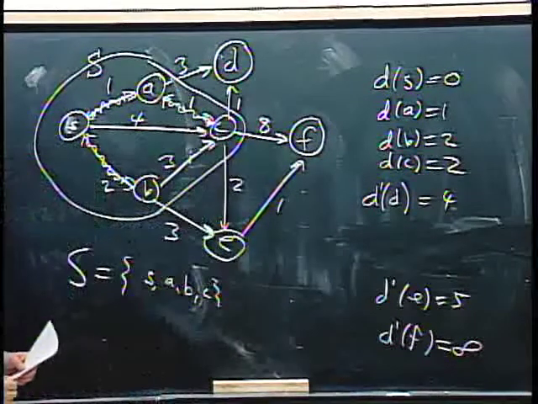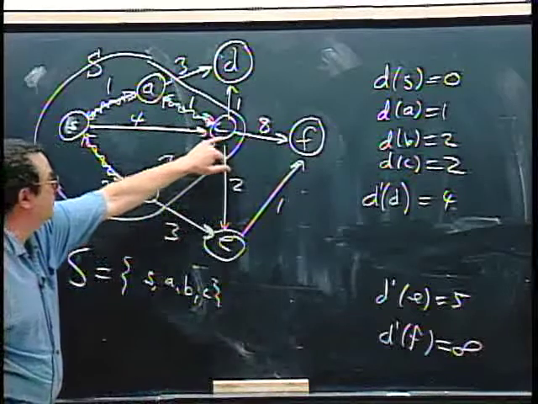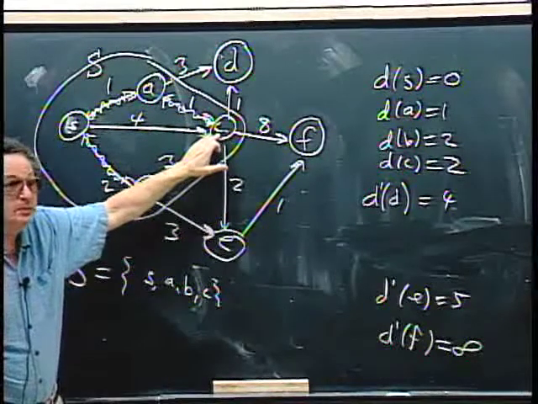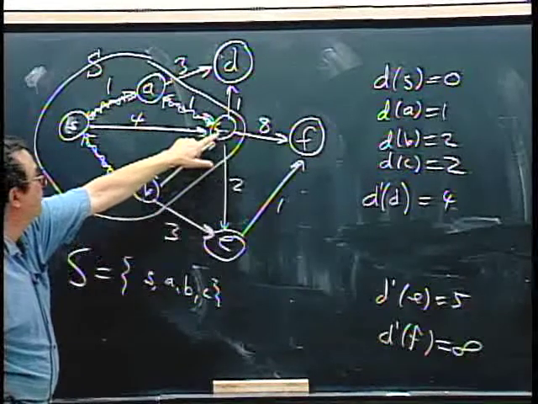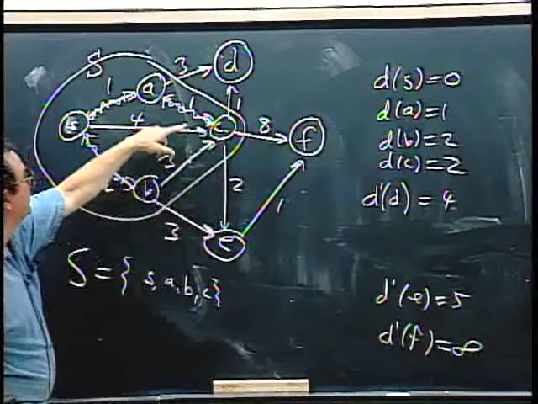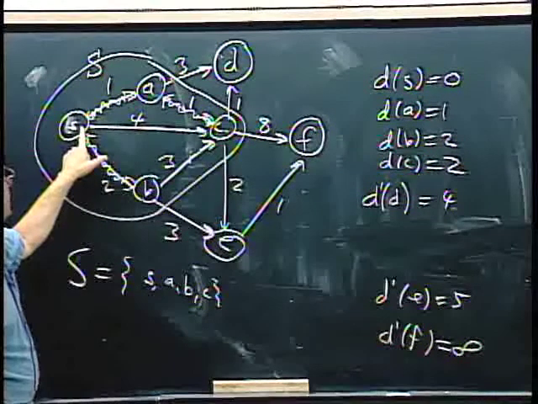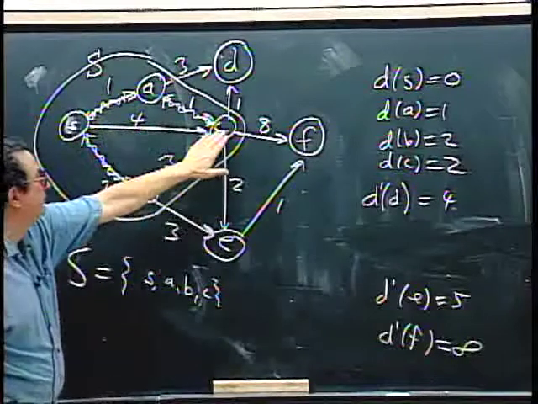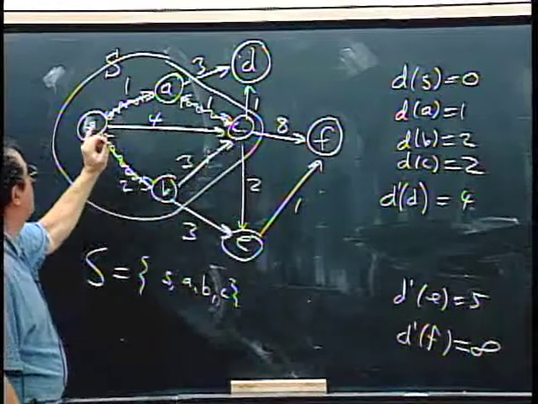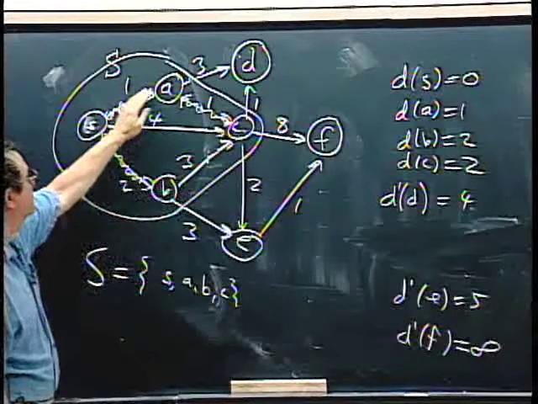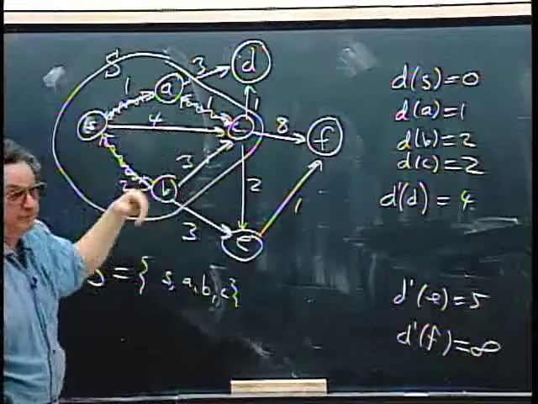And the thing that you can see is that if you start from C, that's the new node that was just put into capital S, then if you follow the edges of E tilde, you'll get back to little s. And that, in fact, shows you the shortest path from C to S if you would reverse the directions, which means it's also the shortest path from S to C if you go backwards.